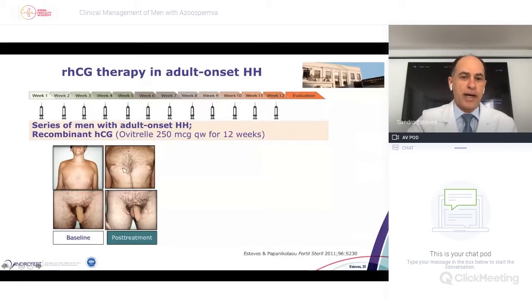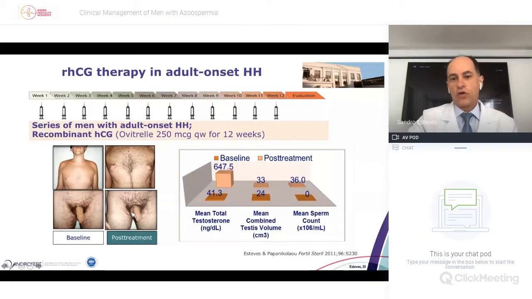In the top part of the slide, you see the patient before treatment, at baseline: poor virilization, and the scrotum is very poorly developed. After treatment, the virilization was much better, and you can even see the scrotum with the testicle, which in this case increased in size dramatically.